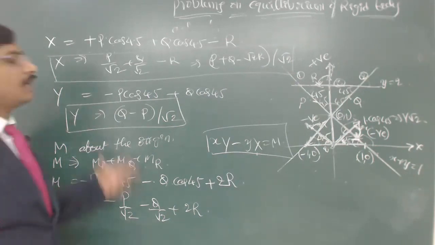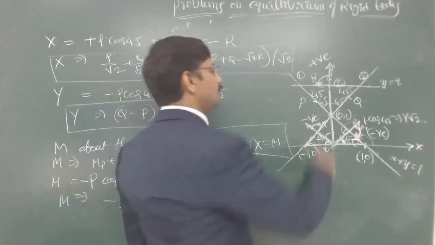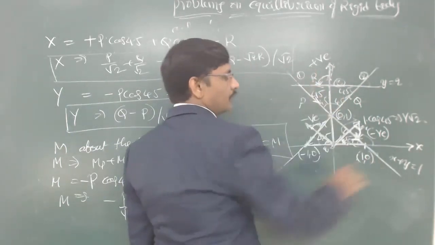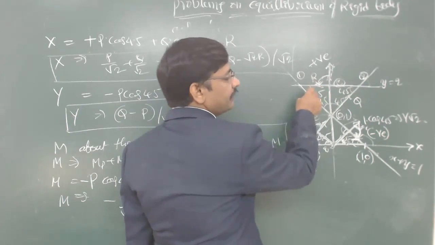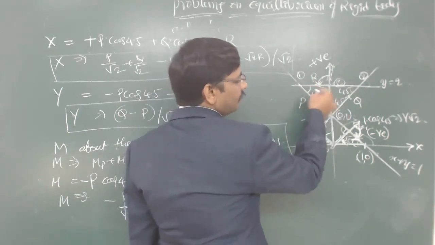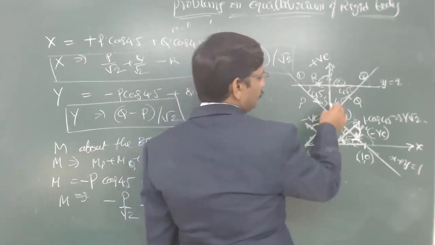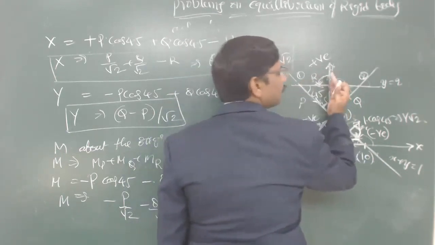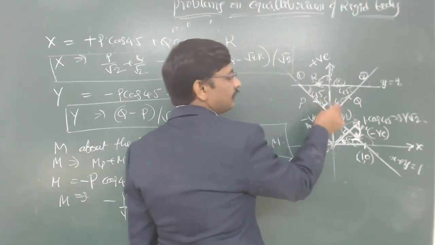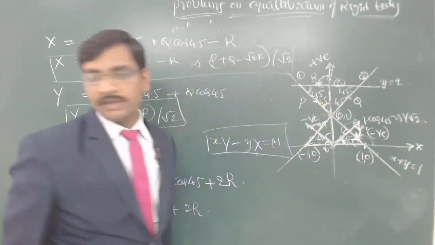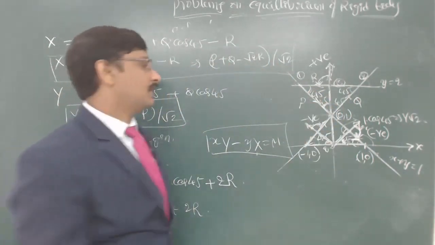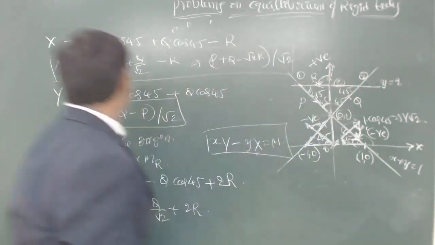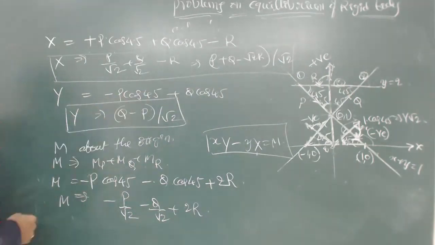You want me to recalculate the y component. The y component: P is in the negative y direction, so downward. This angle is 45 degrees, so P into cos 45. This angle is also 45 degrees, so because this is 45 and this is 45, it is not making any difference, cos or sine. So P into cos 45 in the negative direction, that is minus P cos 45.